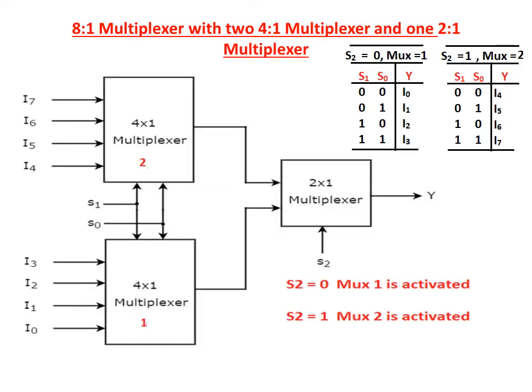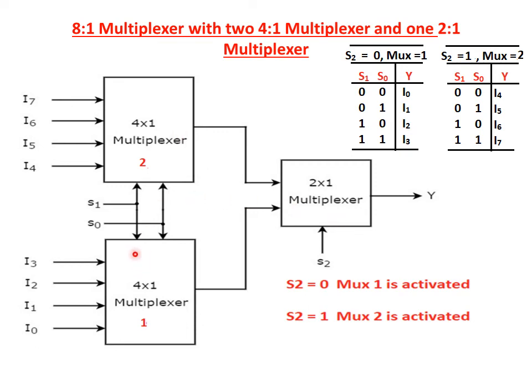Now let's see how to implement 8:1 multiplexer with 2 4:1 multiplexers and 1 2:1 multiplexer. Here the two 4:1 multiplexers are represented here and 1 2:1 multiplexer is represented here.